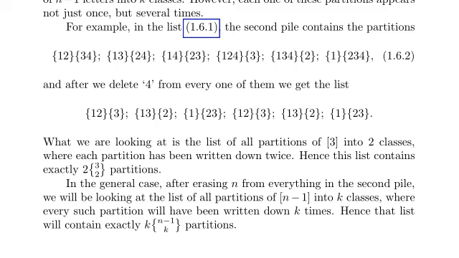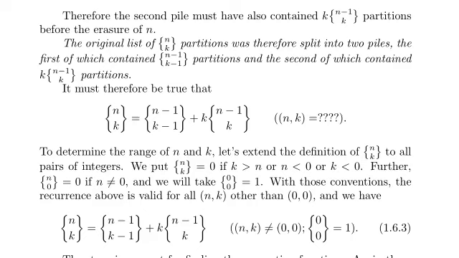Let's carry on. So in the general case, after erasing n from everything in the second pile, we will be looking at the list of all partitions of n-1 into k classes where every such partition will have been written down k times. Hence, the list will contain exactly k times {n-1, k} partitions. Therefore, the second pile must have also contained k times {n-1, k} partitions before the erasure of n.